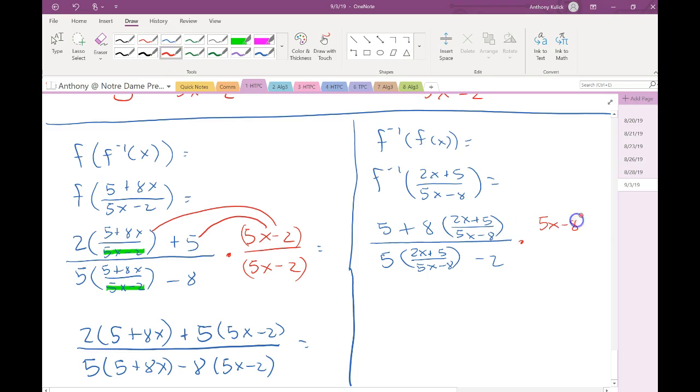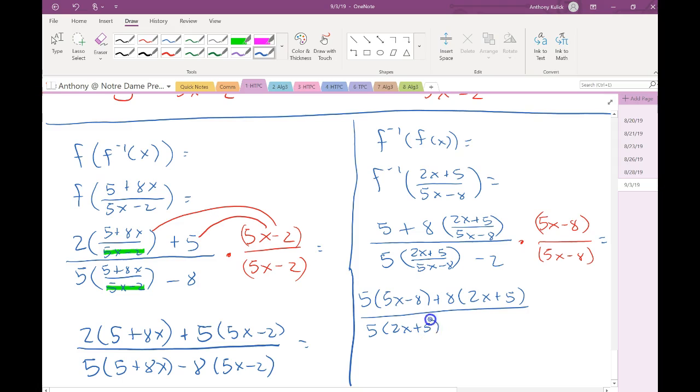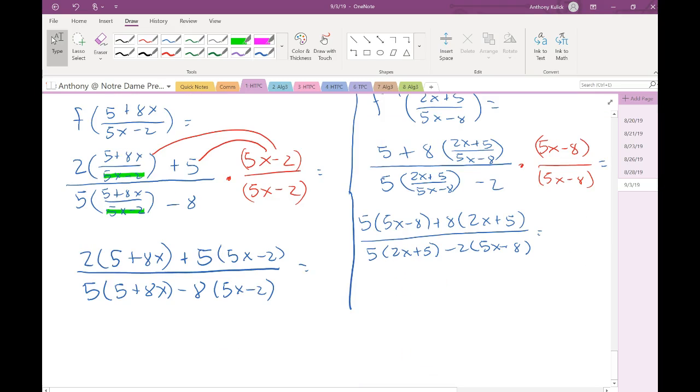So I'm going to do the same thing over here and multiply both the top and bottom of this one by 5x minus 8. Is everybody satisfied with that there?